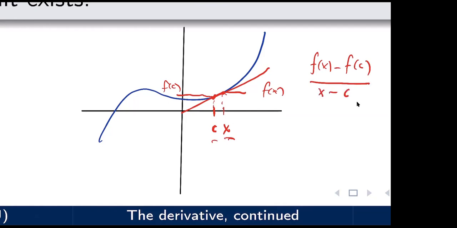And then to get the derivative, you take a limit as, now instead of h shrinking down to 0, we're just going to talk about x sliding closer and closer to c. Okay? So really all we've done in this alternate form of the derivative is we've just renamed a few things.